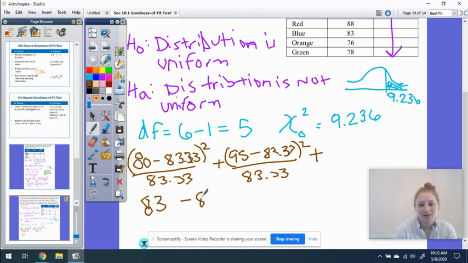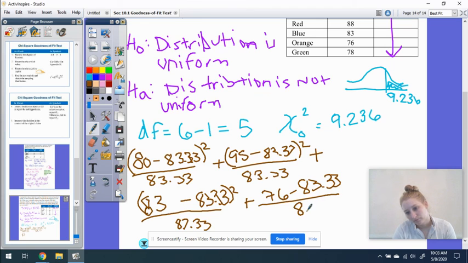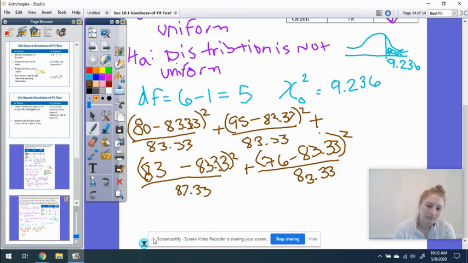Here we go. Now I got it right. Coffee hasn't kicked in yet. All right, plus what, 76? All right, last one. Was it 78?